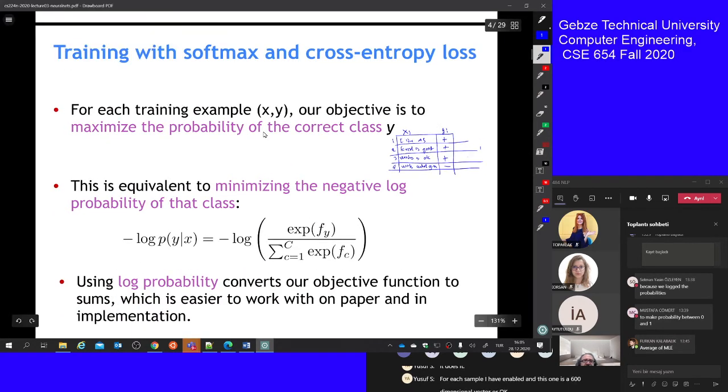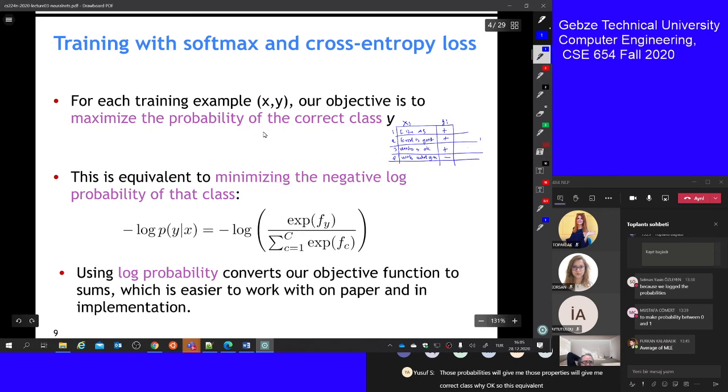For each training sample xi, yi, our objective is to maximize the probability of the correct class y. We are trying to find those W's. If my weights, if I pick them right, those probabilities will give me the correct class y. So this is equivalent to minimizing the negative log probability of the class.